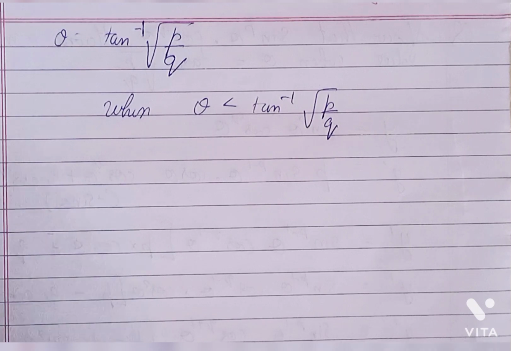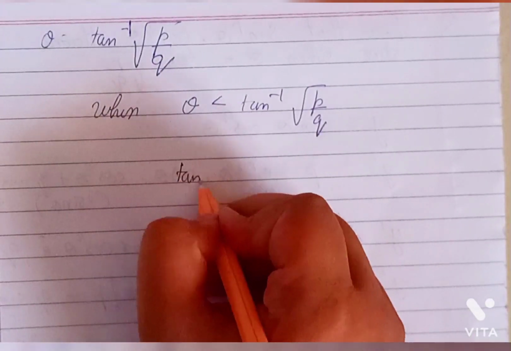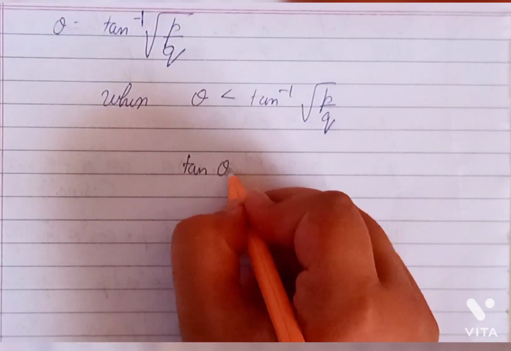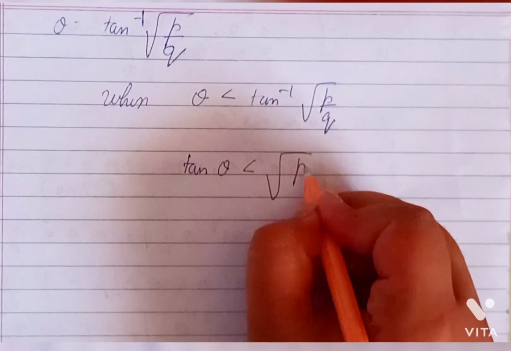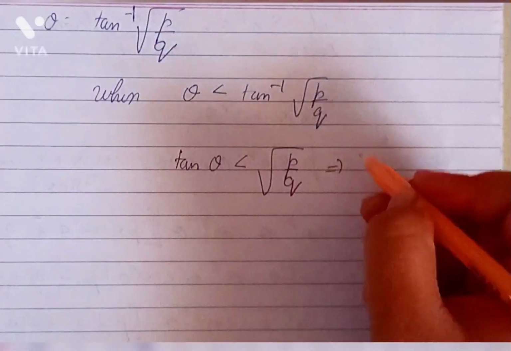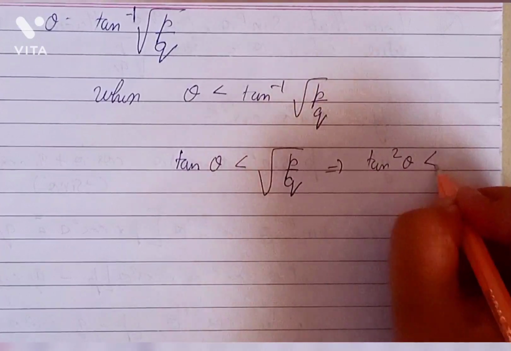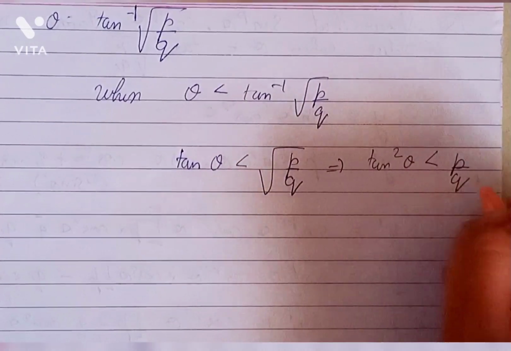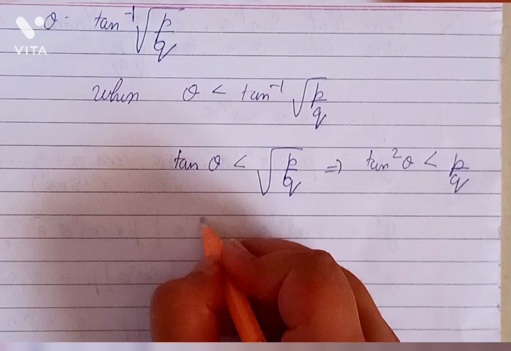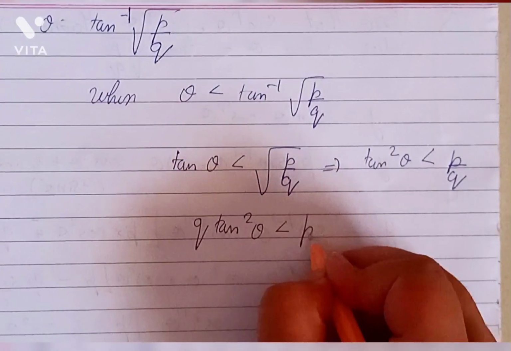So we'll simplify it. How? We'll take tan again. So tan theta is less than under root p by q. Now squaring on both sides, we get tan square theta should be less than p by q. So taking q over here, q tan square theta should be less than p.